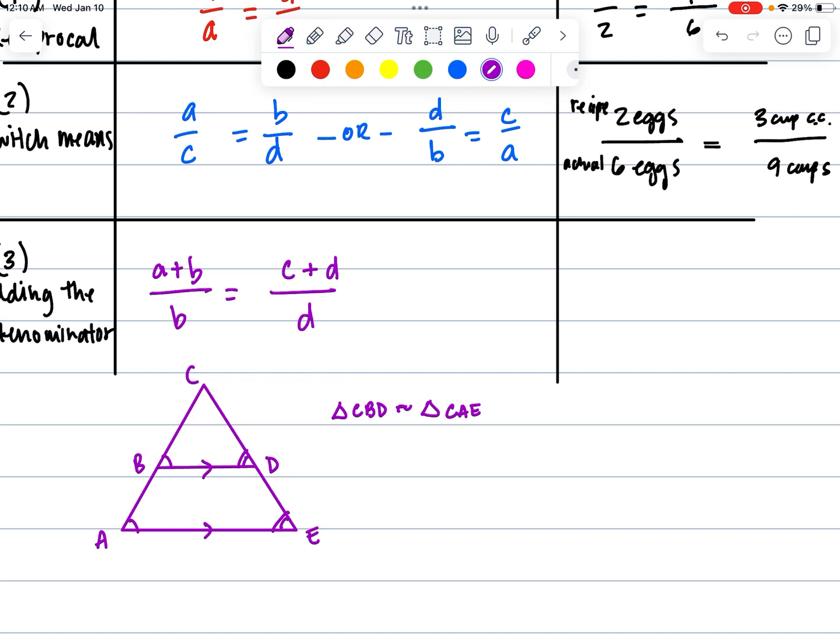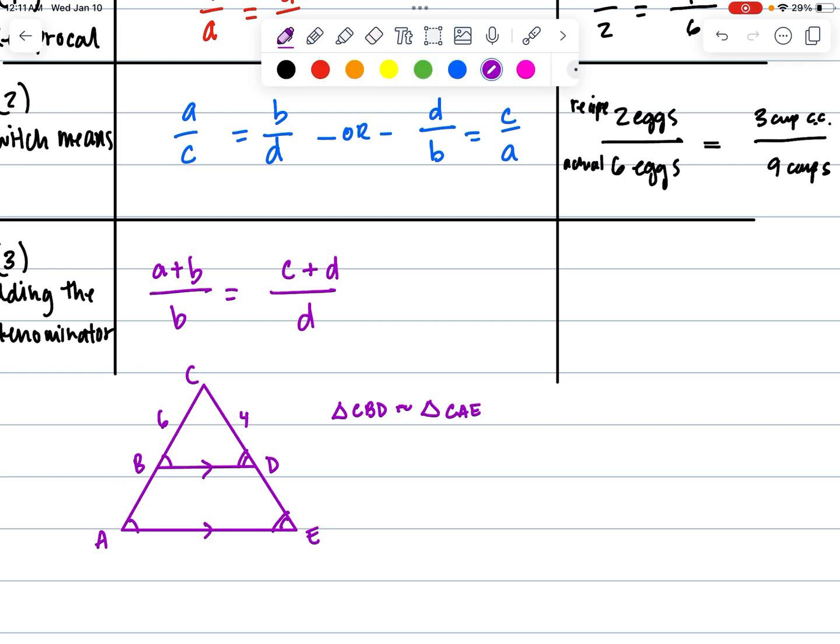If I give CB a length of 5, and then BA a length of 2, okay? At the same time, if I gave CD a length of... actually 5 is a bad number. Let's choose 6. And then for here, let's do 6 and 3. This would actually be better.